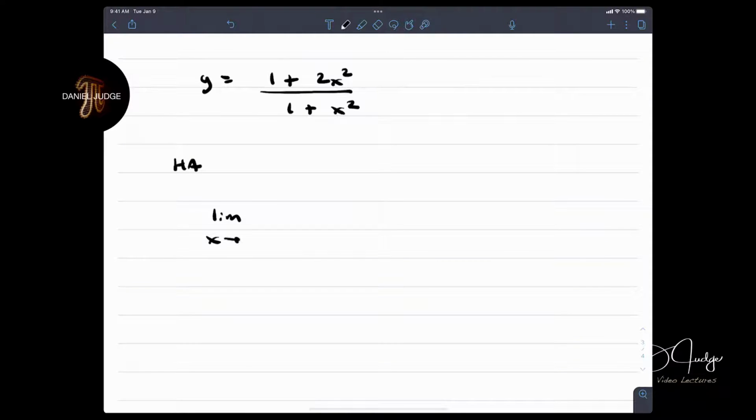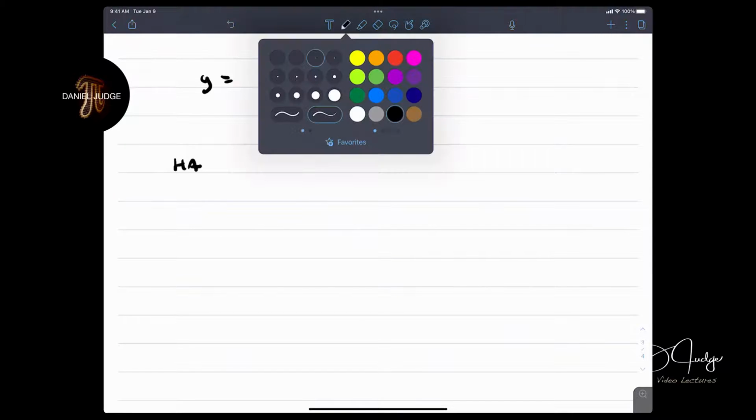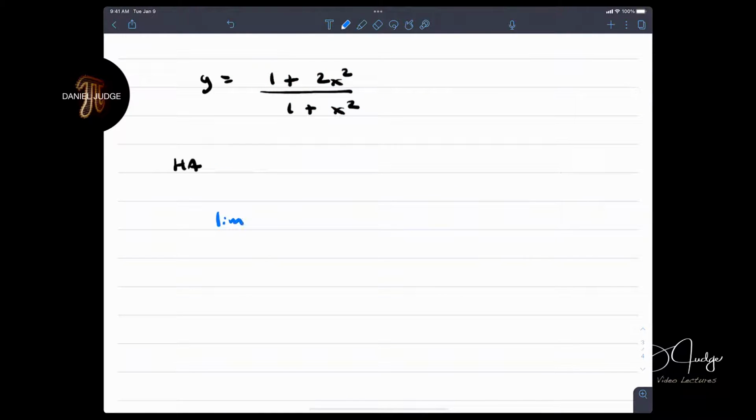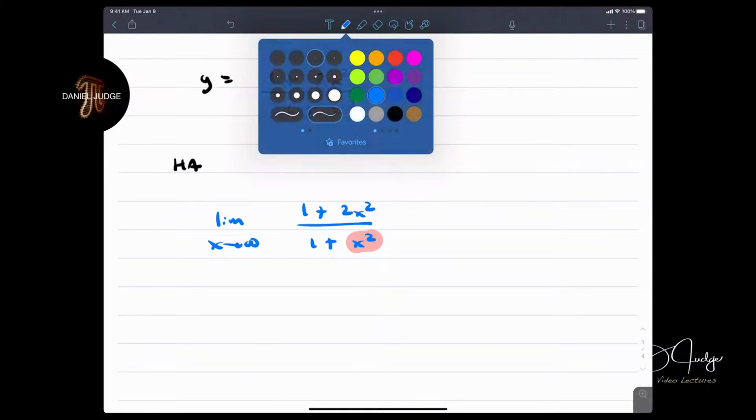Let's look at the limit as x goes to infinity of 1 plus 2x squared over 1 plus x squared. Again, same procedure. Divide by the variable with the highest power in the denominator, which will be an x squared. So for every term, we divide by x squared here.